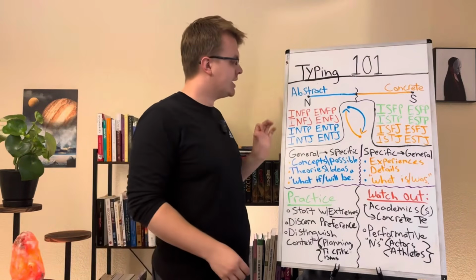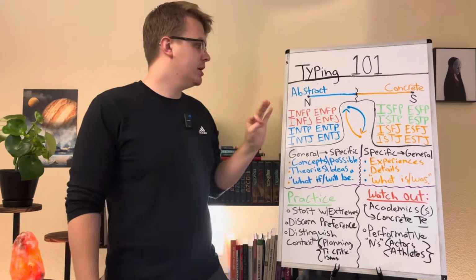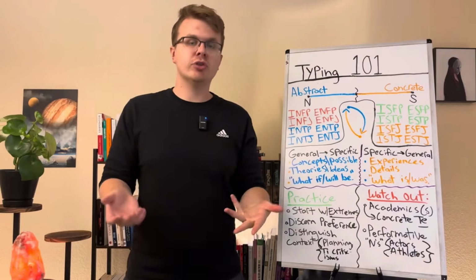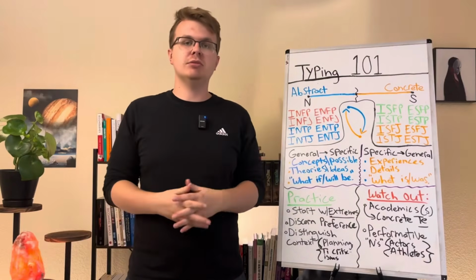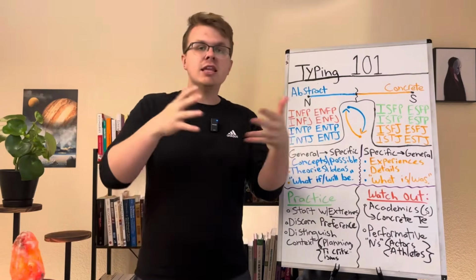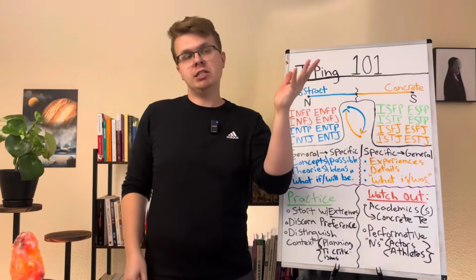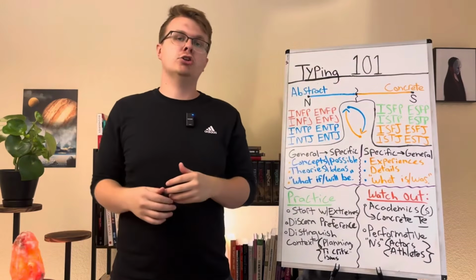Now, the NP types, this is the INFP, ENFP, INTP, and ENTP, they are high in extroverted intuition. This is external possibilities, external consequences. Now, they think through the possibilities first. They generate some ideas. They see some ways it could go badly. They might see some ways it could go well.